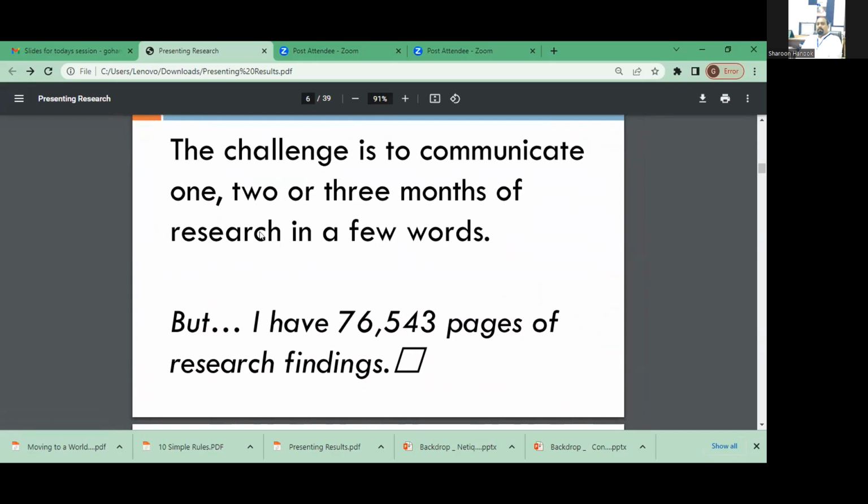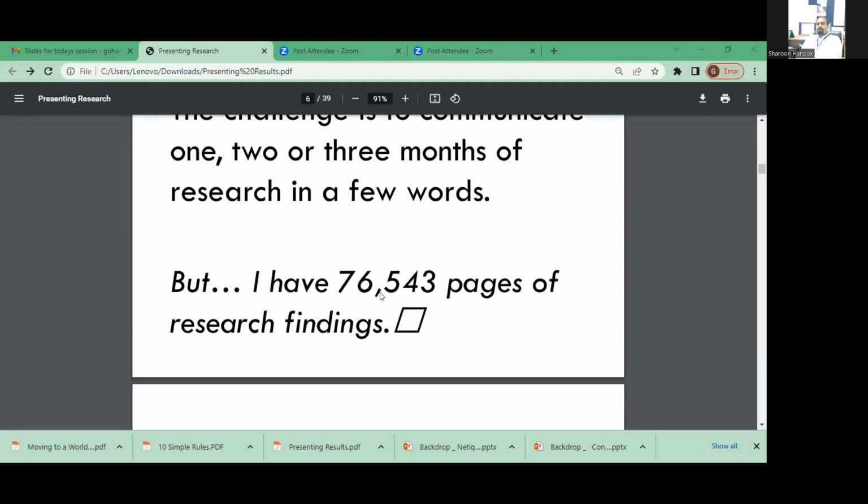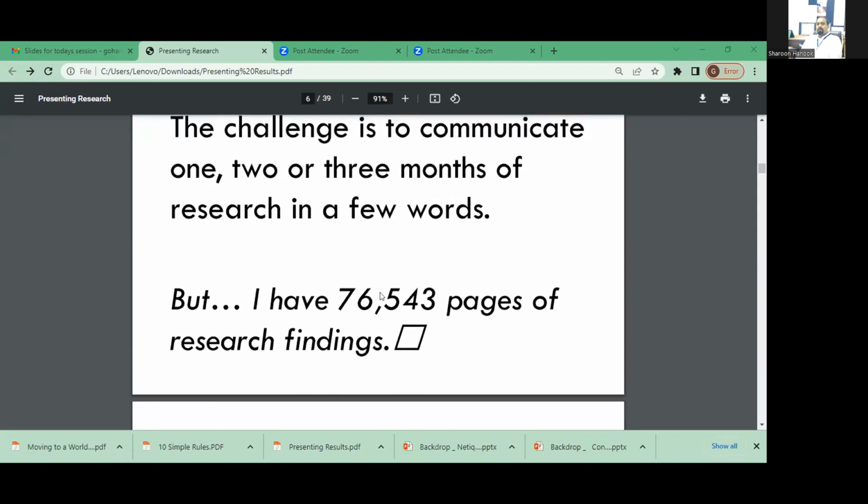You must have seen that your thesis sometimes goes to 40 pages or 100 pages or even more. But your research article requires you to write less. So you always come up with the concern, oh, well, I have 76,543 pages of research findings. But the key is how to report it.